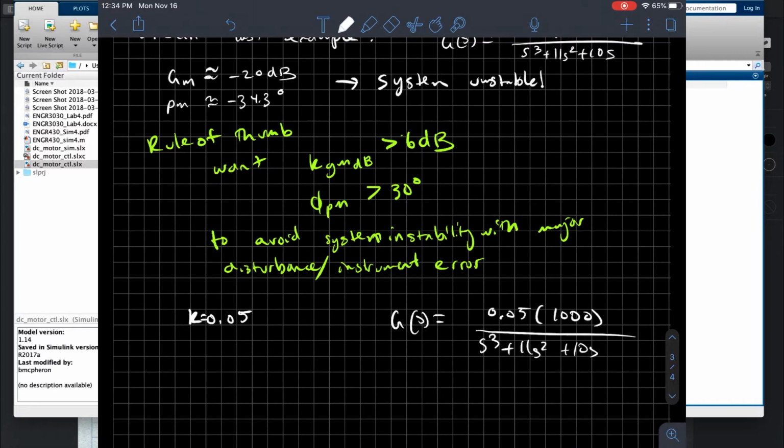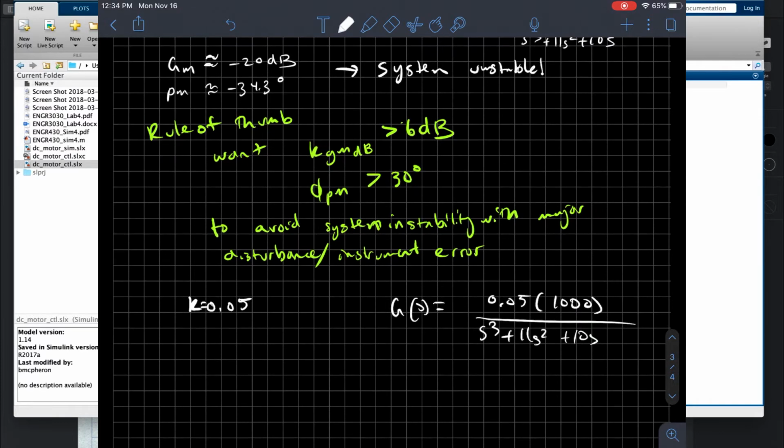The reason I am choosing this is that K at the gain margin was 1/10, which is 0.1. If I want to make this even more stable, I could reduce K by another factor of 2 to try to hit my 6 decibels.